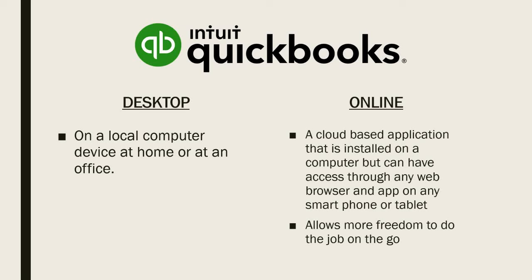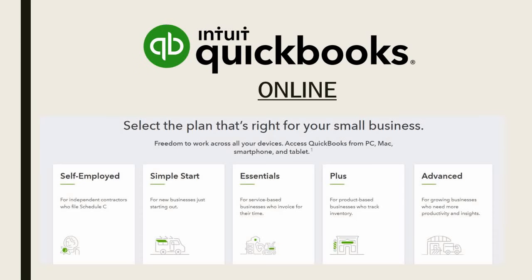You have more flexibility when you're using the online version of the QuickBooks application, and it allows more freedom to go anywhere and update on the go. So it is pretty cool, but it can be very expensive, especially for online. All right, and we're going to dive into the online difference.